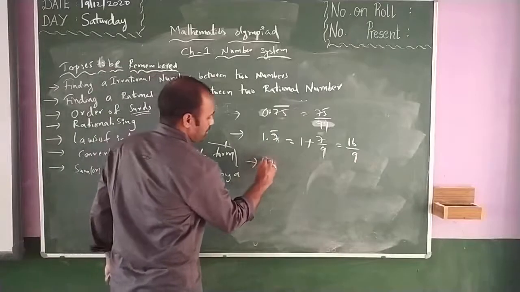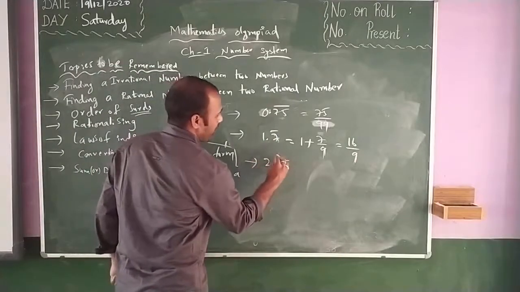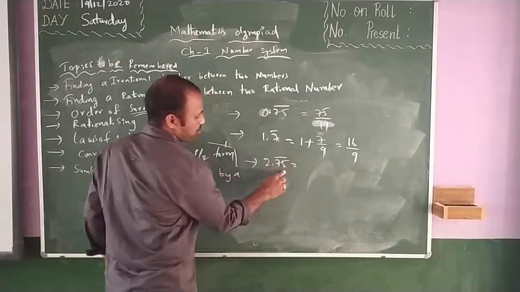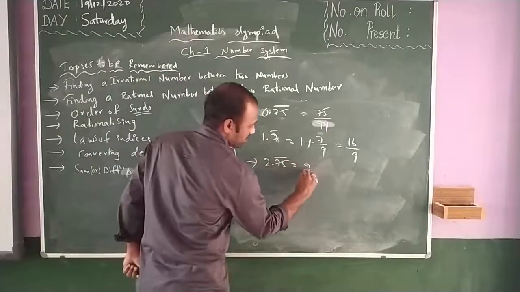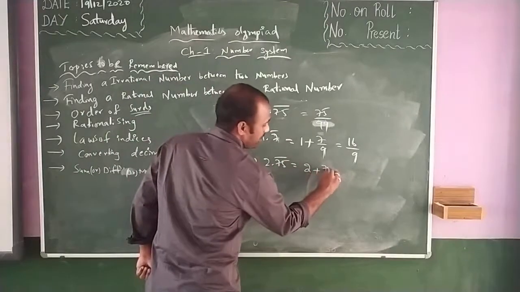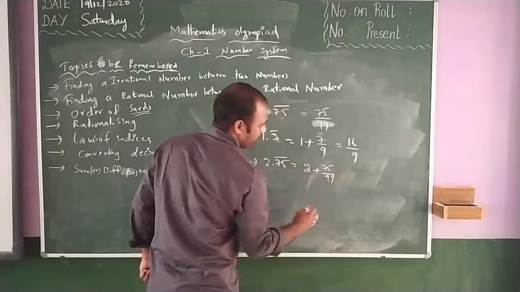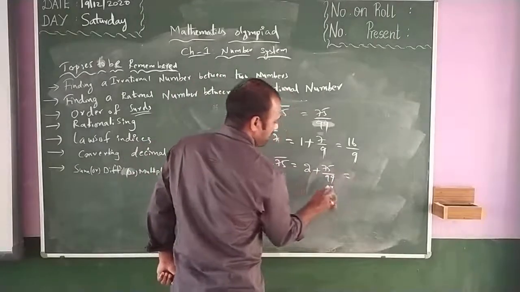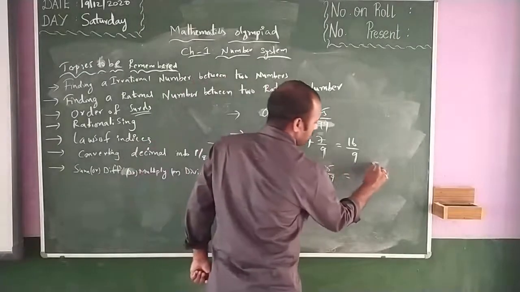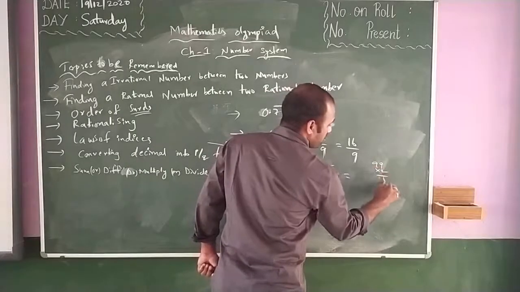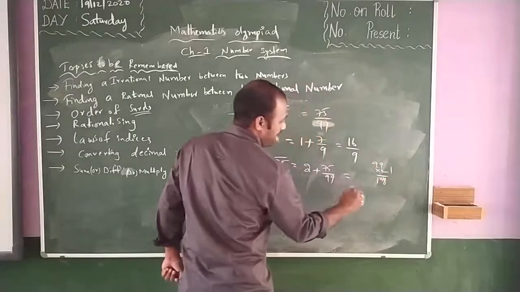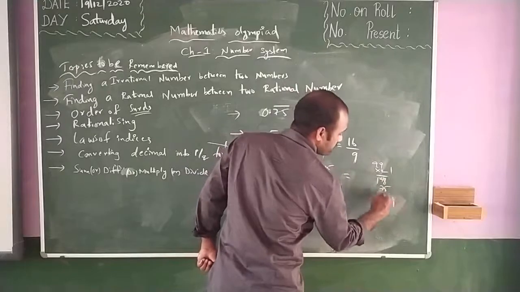Another question: 2.75 bar. Whatever the number before the point is, let us write it as it is, plus 75 by 99. So that is 99 twice, so 198 plus 75.